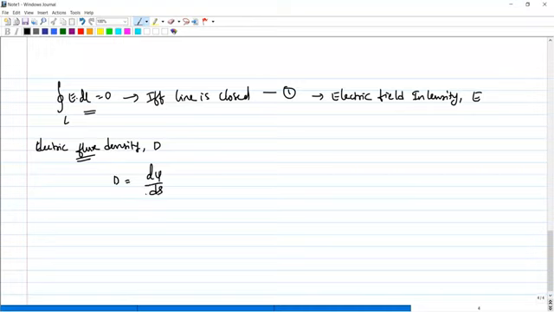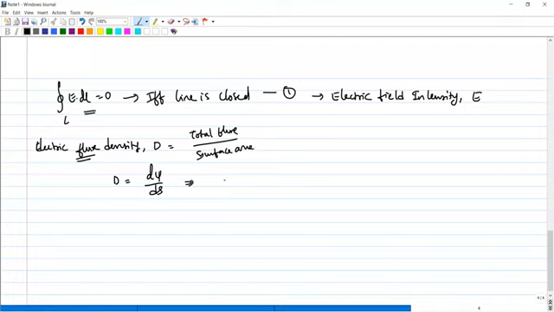I'm making use of the basic definition: D is equal to total flux divided by unit surface area. Therefore D is equal to d psi by ds.